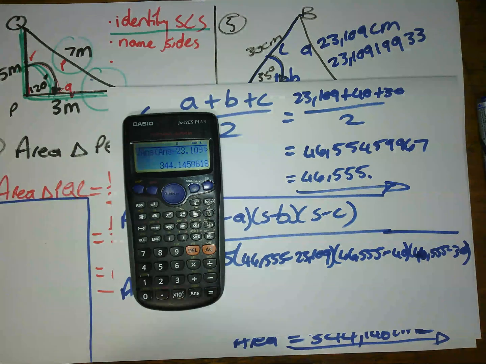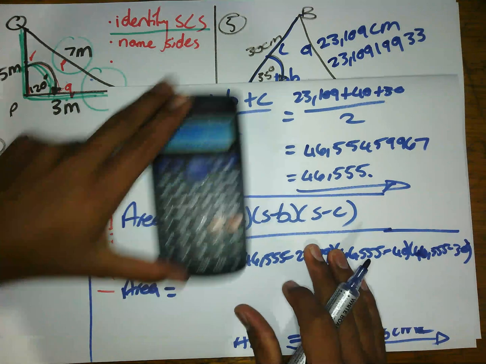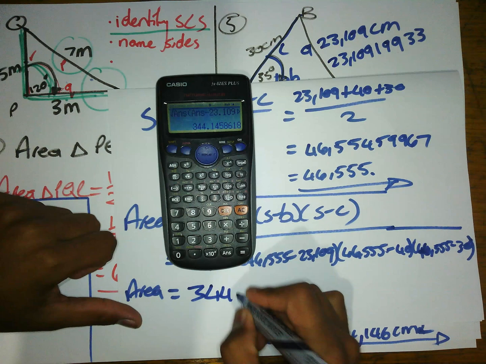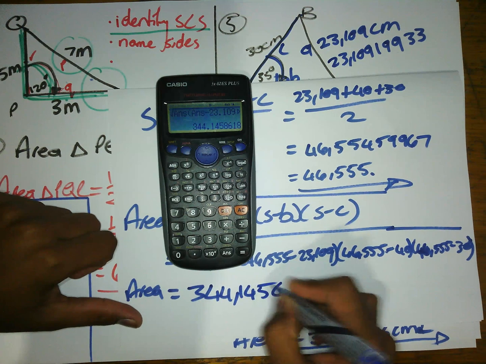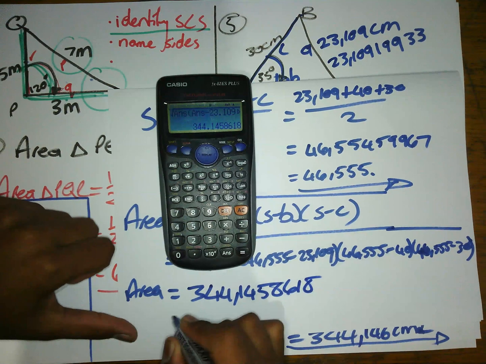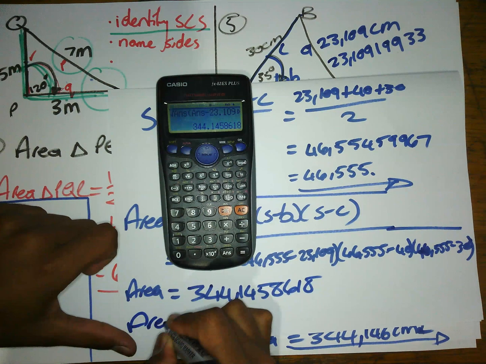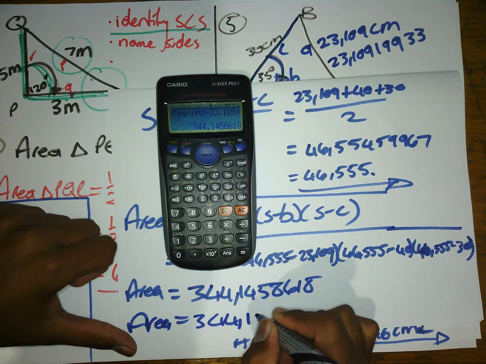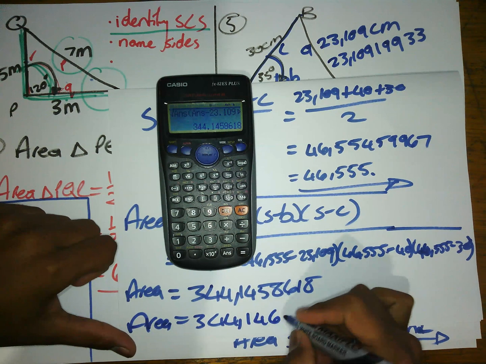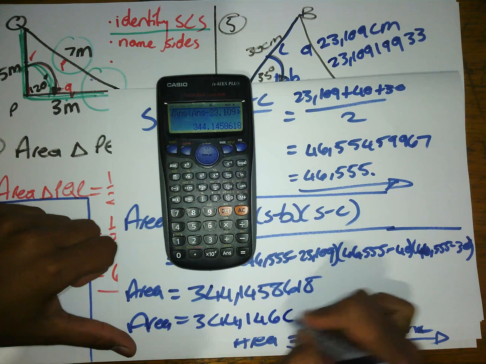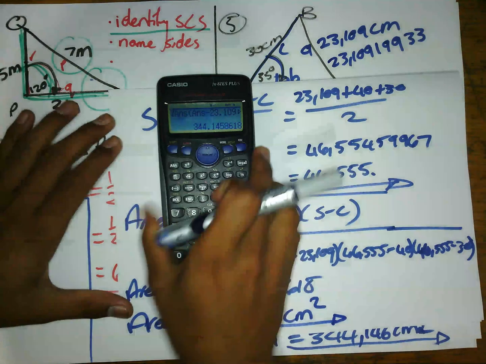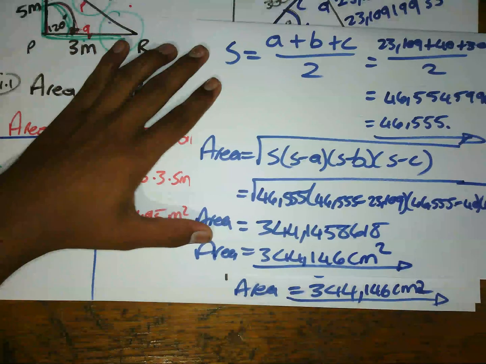Answer. My answer I'm getting is 340.1458618, and I always round off to 3 decimals. An area is in centimeters squared. And there you go.